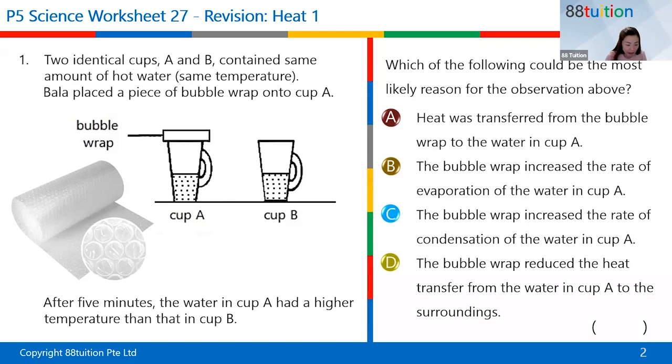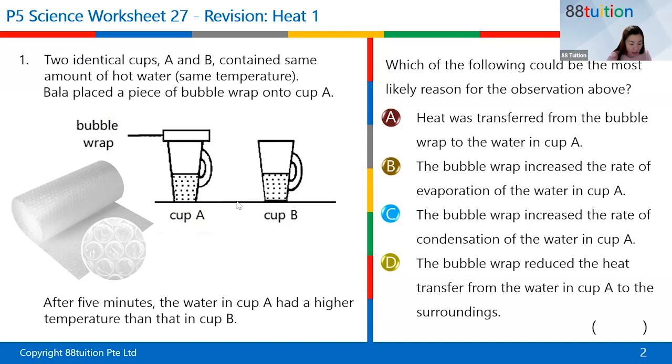Nice. Okay, so in this question, they're using bubble wrap because of its property, because of how bubble wraps are made. They are made with a lot of air bubbles, okay? And then we know that air is actually a poor conductor of heat. If you don't know, write down, air is a poor conductor of heat.